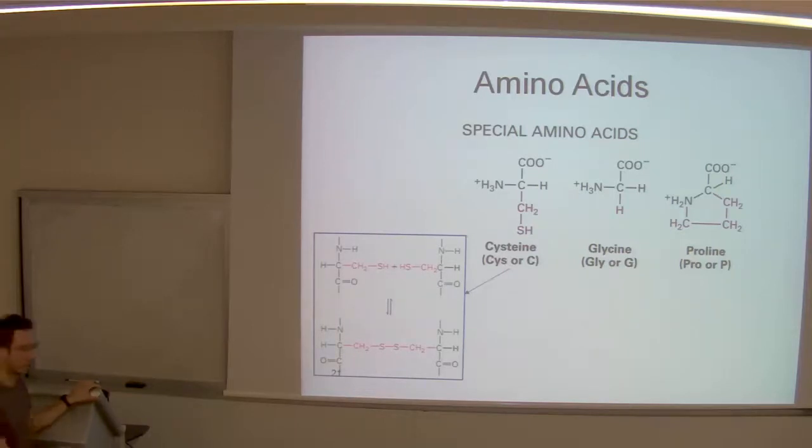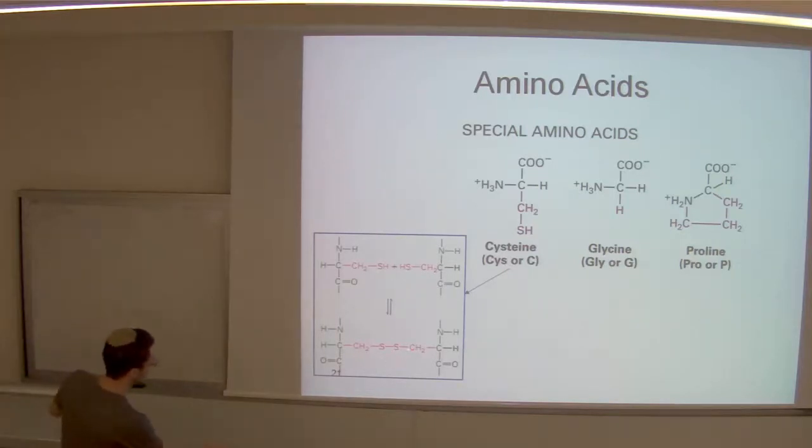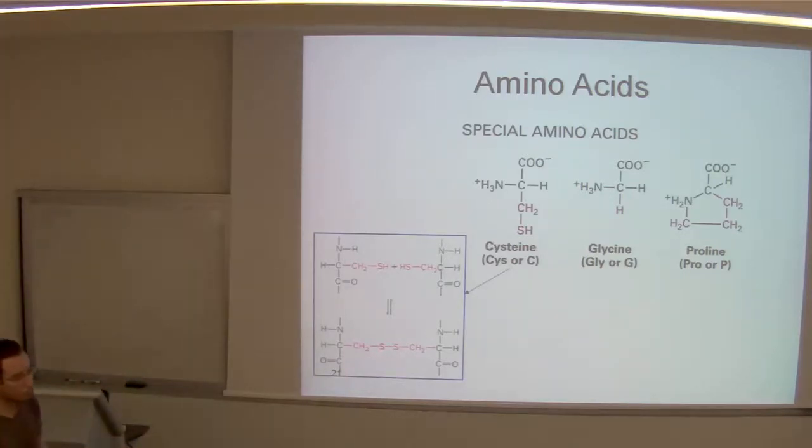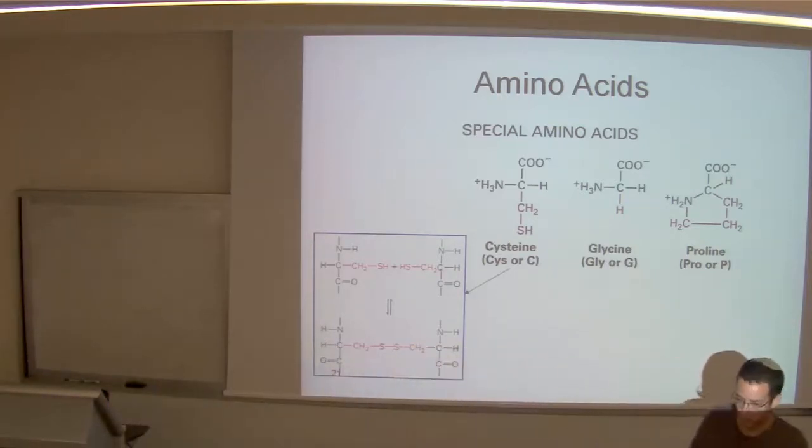A disulfide, because we have 2 sulfurs. It's a cross-link because it links 2 regions of a protein or 2 proteins, and we'll see the disulfide cross-link in several examples, in the NMDA receptor, for instance, in 2 or 3 classes here.